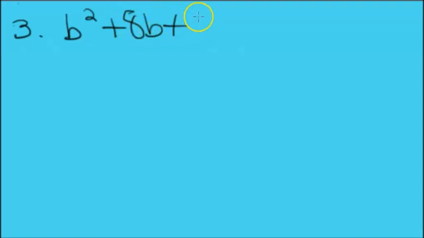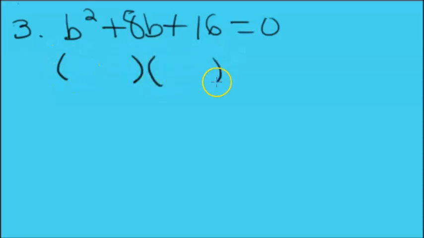So in problem 3, we have b squared plus 8b plus 16 is equal to 0. So now we put our parentheses in, set it equal to 0. Okay, so now we're using the variable b.